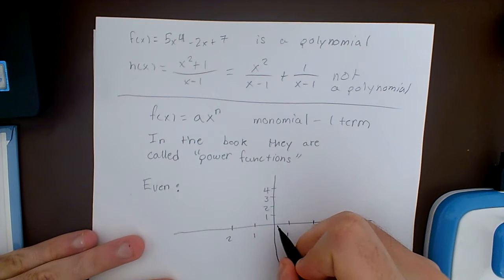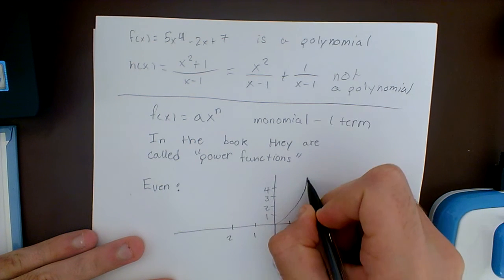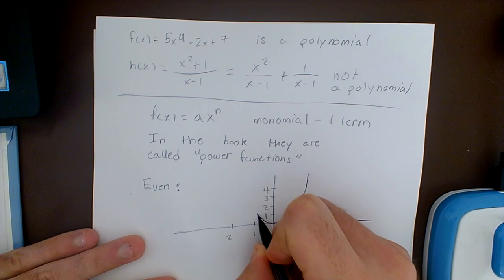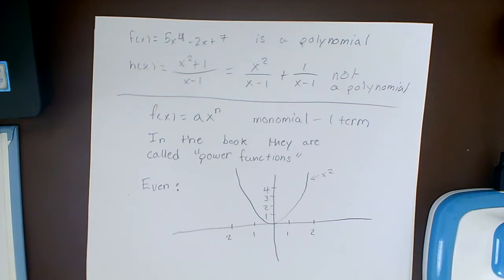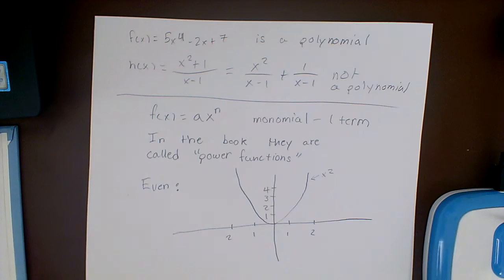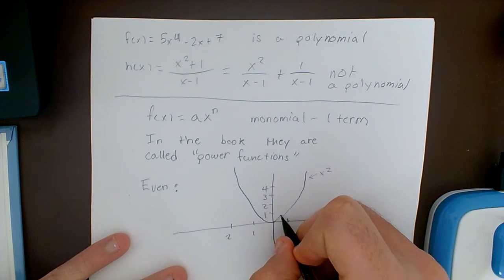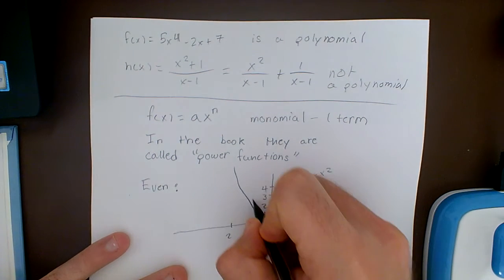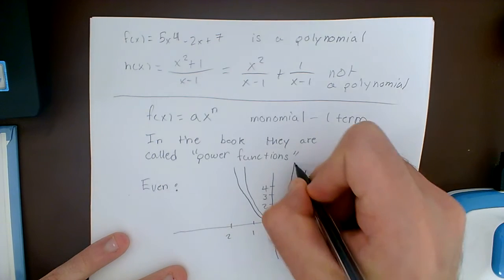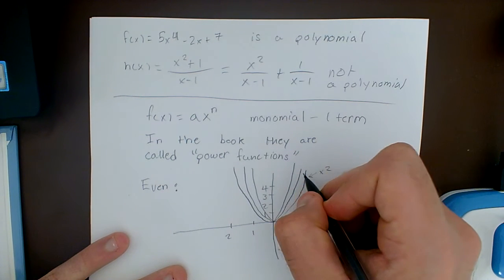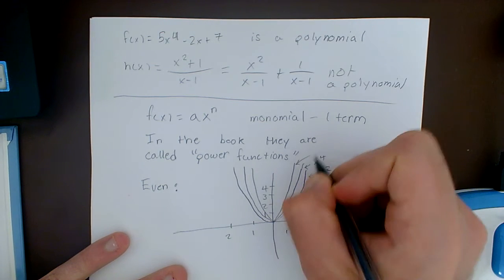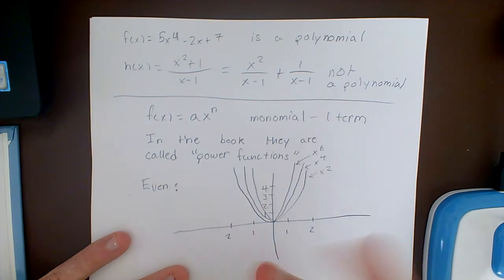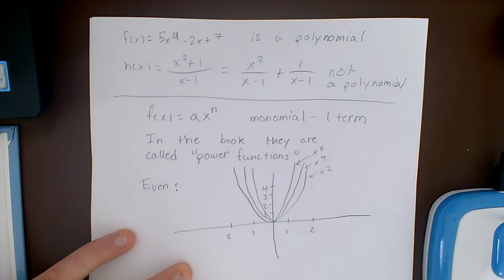So, for example, if I draw x squared, from last section we know that's a parabola, right? So that's x squared. But the higher and higher your degree goes, the skinnier your graph gets, or the faster it grows as x gets bigger, left and right.